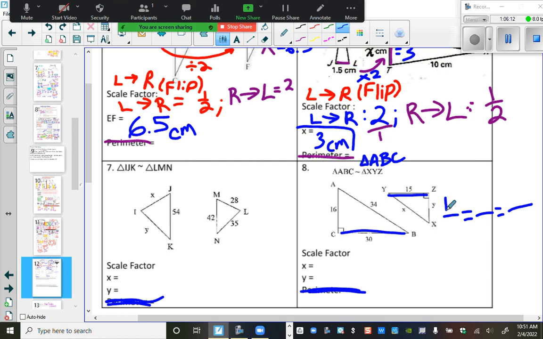So BC, which is 30, you just divided by 2. You get 15. That's good.